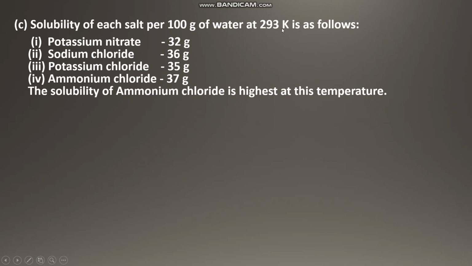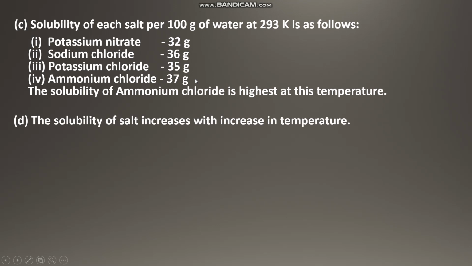As we have seen, solubility of each salt per 100 gram of water at 293 Kelvin is potassium nitrate 32 gram, sodium chloride 36 grams, potassium chloride 35, ammonium chloride 37 grams. So which is having higher solubility? Ammonium chloride. The answer for D, the solubility of salt increases with increase in temperature.